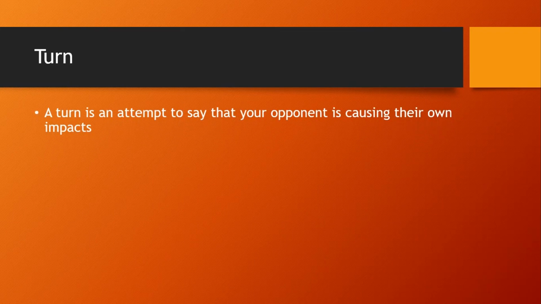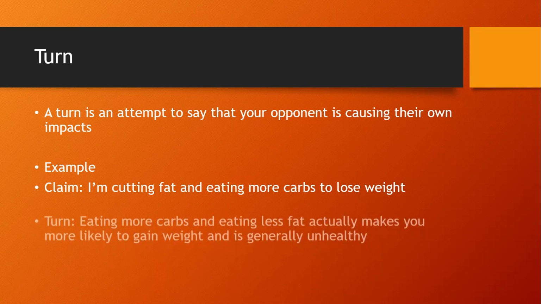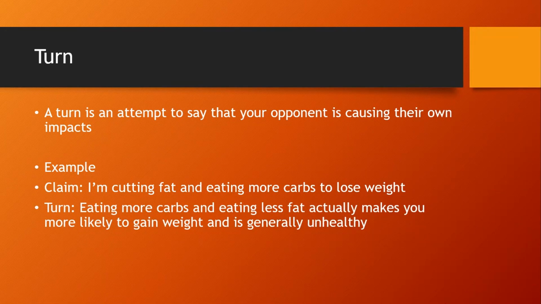All right, the fourth one is a turn, where you're attempting to say that your opponent is causing the impacts they are warning will happen. An example of a turn would be, let's say someone comes up to you saying, I'm cutting fat from my diet and I'm going to eat more carbs in order to lose weight. And you bring them research that tells them, actually, when you eat more carbs and less fat, you are going to gain more weight, not less.